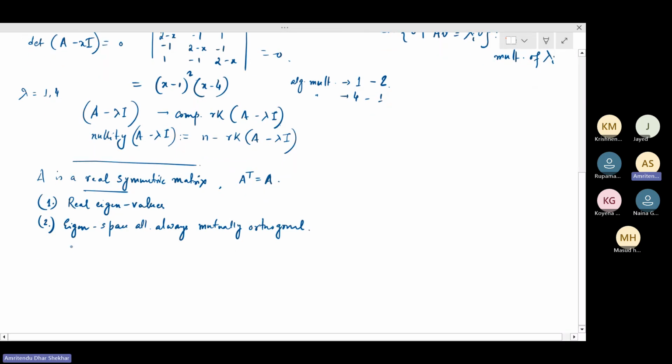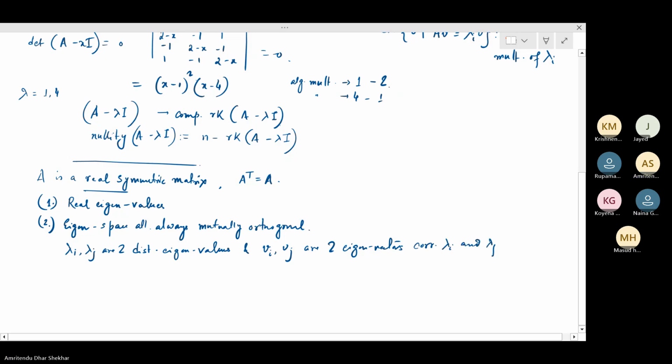which means that if lambda i and lambda j are two distinct eigenvalues, and if vi and vj are two eigenvectors corresponding to lambda i and lambda j, then they are going to be mutually orthogonal, which means that the inner product of vi and vj is equal to 0.